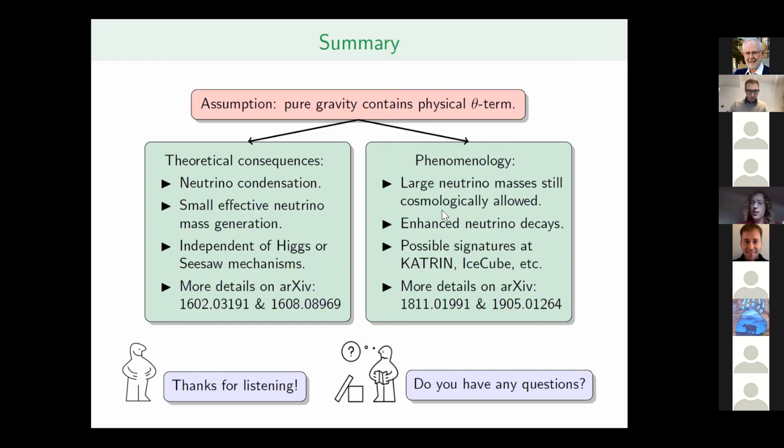So from a theoretical side, the Dirac case is not that nice, because you need some additional mechanism to explain why there's not a mass coming from the Higgs mechanism. That's the reason why I would theoretically favor the Majorana case, because in that case, the contribution from the Higgs mechanism would be completely absent. Does this answer your question? Yes, okay.